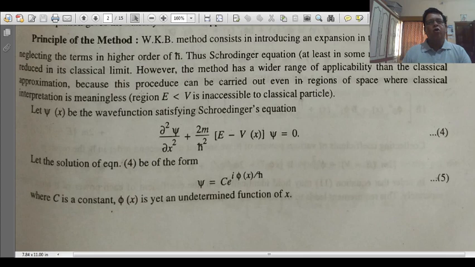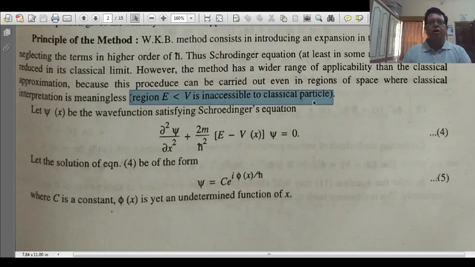Such problems you have already done in UG classes. The region E less than V is inaccessible to a classical particle. If the incoming particle energy is less than the potential, then according to classical mechanics it is meaningless or inaccessible.